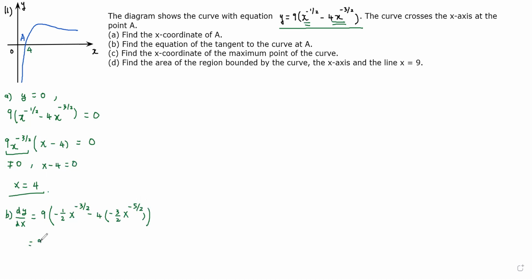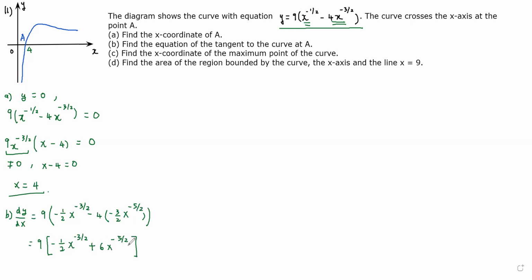Just keep the 9, it's fine. And then we have negative 1/2 x to the negative 3/2. The 2 negatives become a positive, and that would be a 6 x to the negative 5/2. That will give us dy dx.